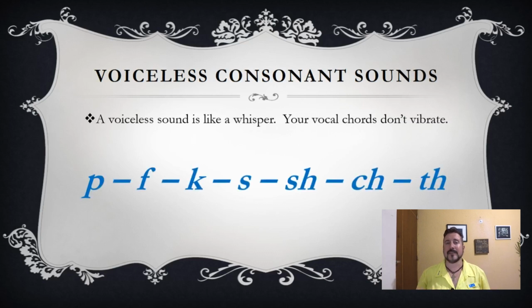And these are the consonants that are voiceless. Now, like I said, when you pronounce them, they're voiceless. Not the letter P itself, but the sound P or F or K, S, Sh, Ch, F. All 7 of those consonants are voiceless.